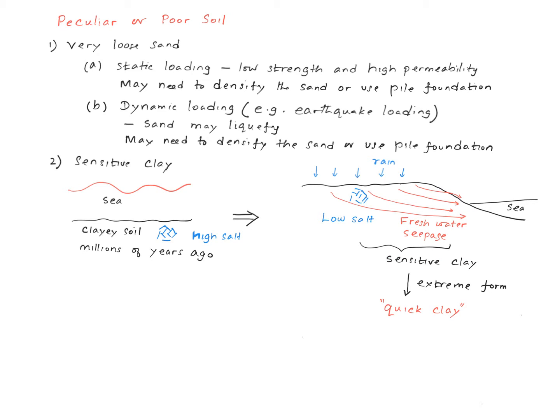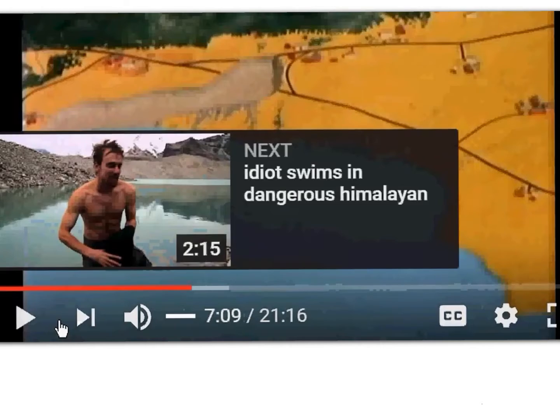So this type of clay is what is called the sensitive clay. An extreme form of this is what is called a quick clay. Many parts of Canada and Scandinavian countries like Norway have this type of clay, quick clay. Over the years, there have been some major landslides, and let me show you a video on this.